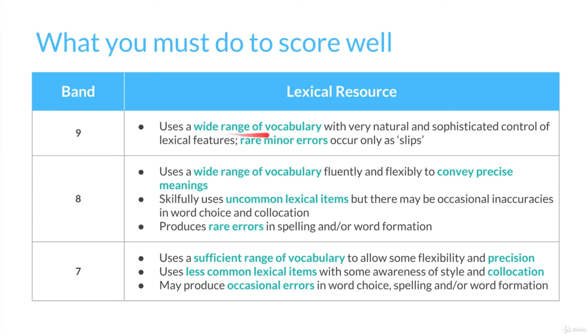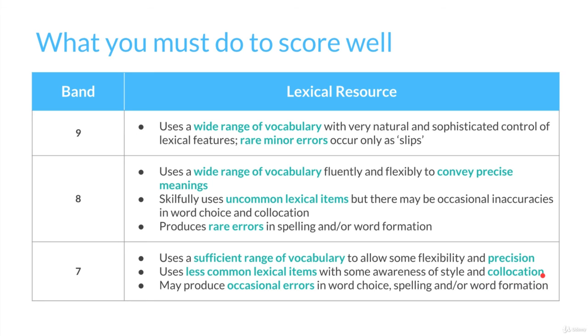Now, using a wide range of vocabulary also means that you should use some less common lexical items. Less common lexical items just means using vocabulary words that are not very common, words that are infrequently used by the public. In addition to this, you must also use some collocations.